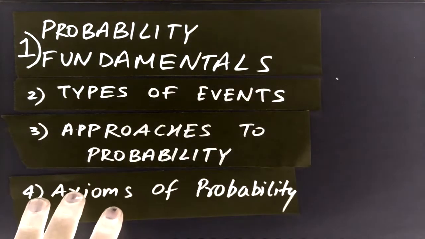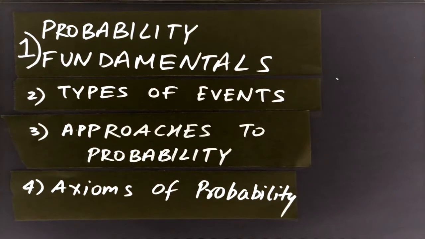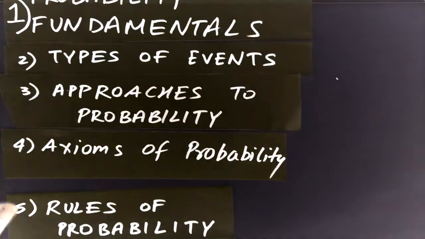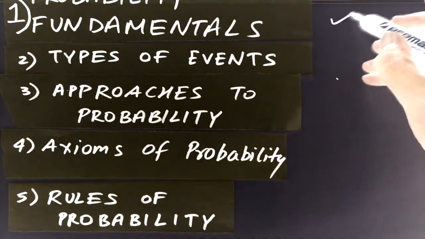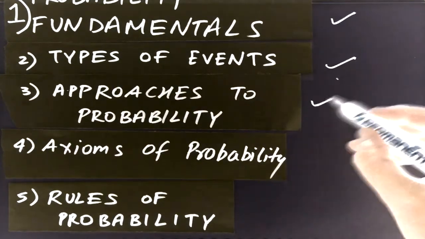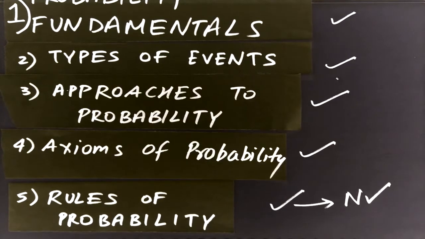Then we did some of the axioms of probability, and after completing these axioms we jumped toward the main topic, rules of probability. For this we did numericals also, the last previous year GATE questions. Thank you very much.